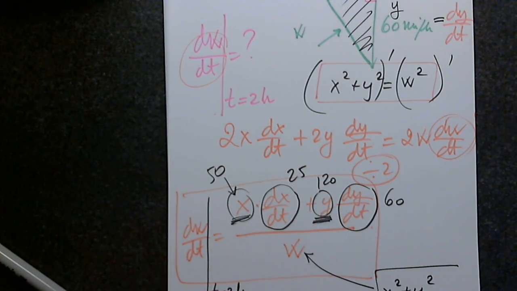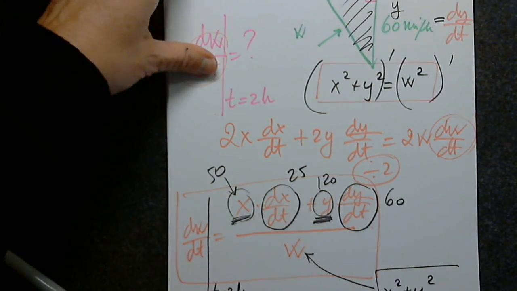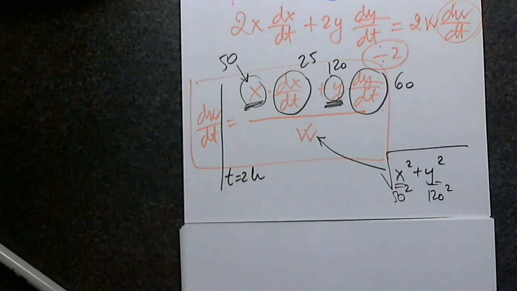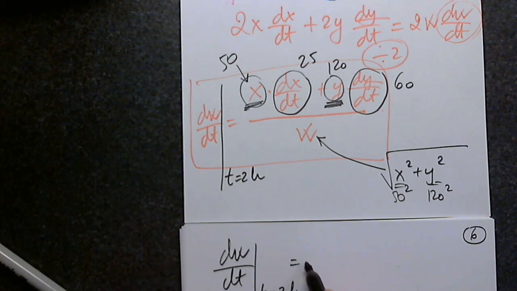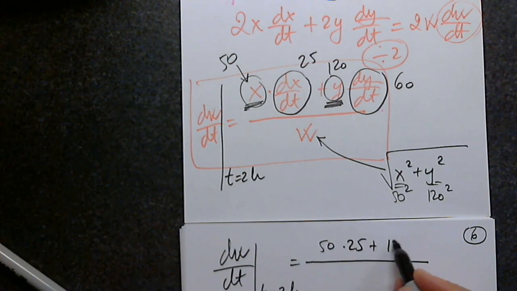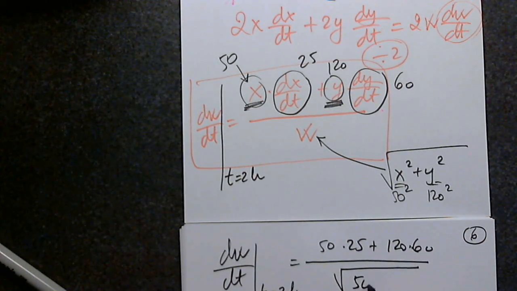So this is 50 squared and this is 120 squared. So now I have all the numbers. Let's nicely put them together and then find the answer. So dw over dt, when the time is 2 hours, we get 50 times 25 plus 120 times 60 over the square root of 50 squared plus 120 squared.